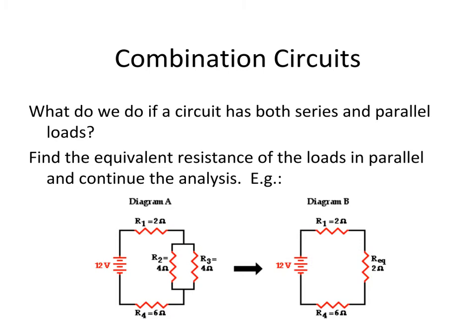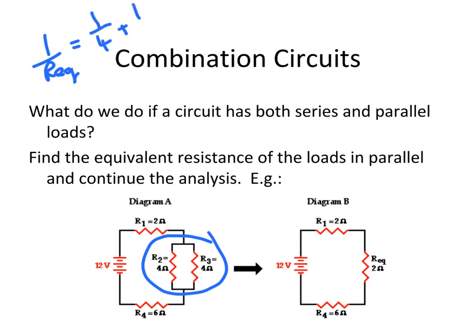Now what happens if we combine both series and parallel components in a circuit? Well, find the equivalent resistance of the loads in parallel first and then continue. So here we've got 2 parallel resistors, each with a resistance of 4 ohms. Well, what's that equal to? 1 over the equivalent resistance in that case is equal to 1 over 4 plus 1 over 4.